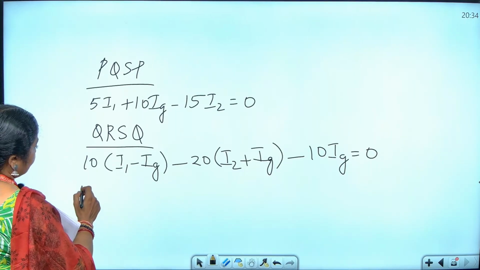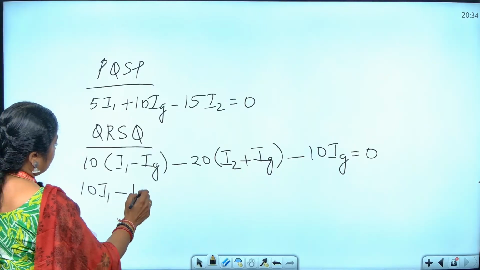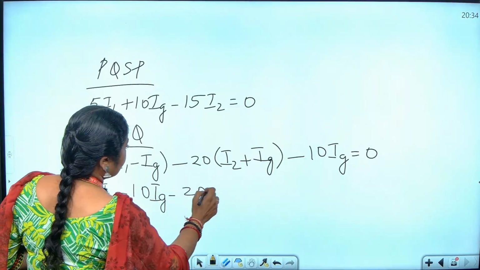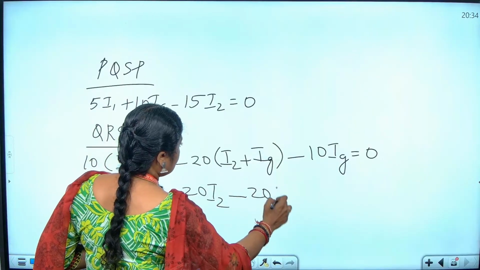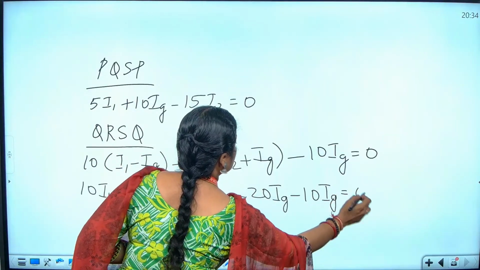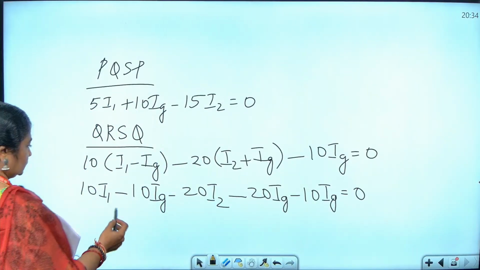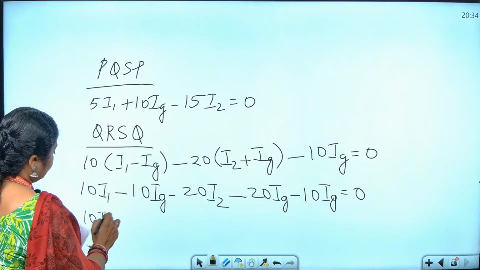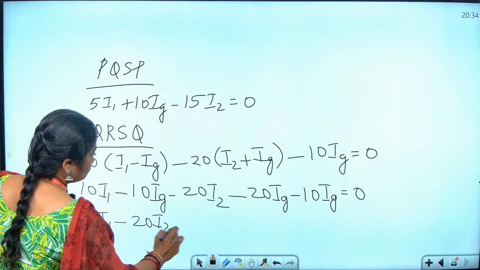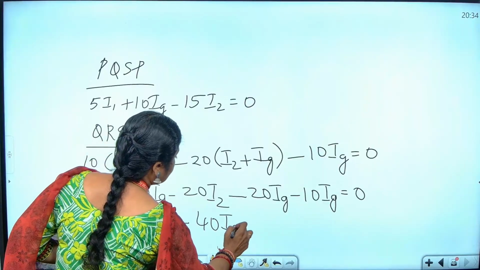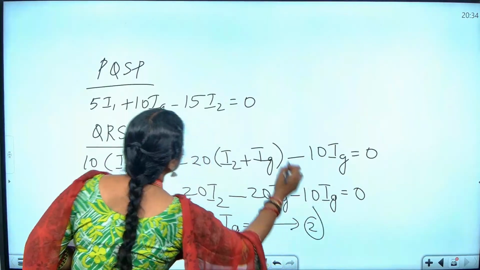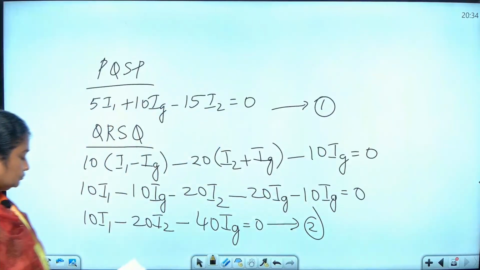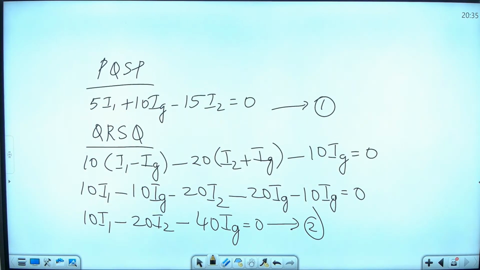Multiplying inside, what do you get? 10 I1 minus 10 IG minus 20 I2 minus 20 IG minus 10 IG is equal to 0. So this becomes 10 I1 minus 20 I2 minus 40 IG equal to 0. Equation number 2. Copy down.